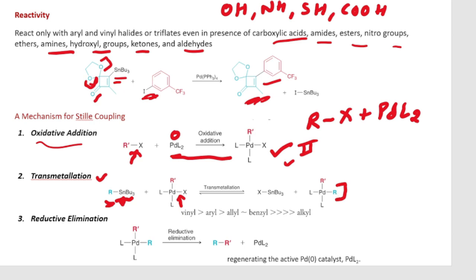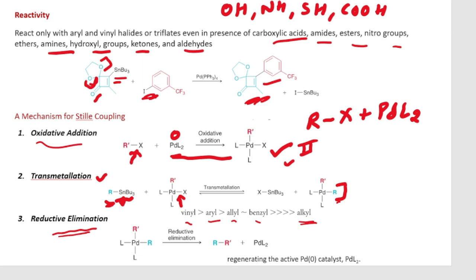So there is transfer of the organic part from one metal to another metal. Regarding the transfer of the R group, vinyl, aryl, allyl, or benzyl groups transfer very fast and alkyl transfer happens very slowly. So this is the rate determining step.